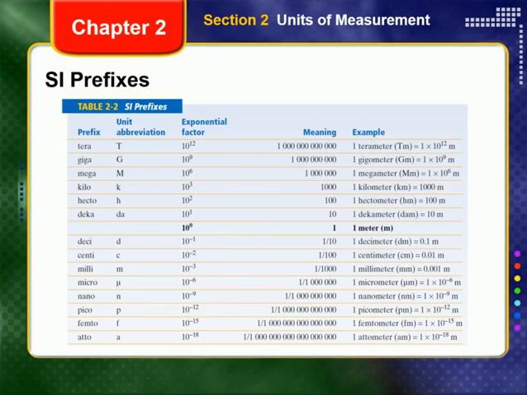The table on the screen here, which can also be found on page 35 of your text, lists SI prefixes using units of length as examples. For example, the prefix centi, abbreviated lowercase c, represents an exponential factor of 10 to the negative second, which equals 1/100th. Thus, 1 centimeter, or 1 cm, equals 0.01 meters, or 1/100th of a meter.